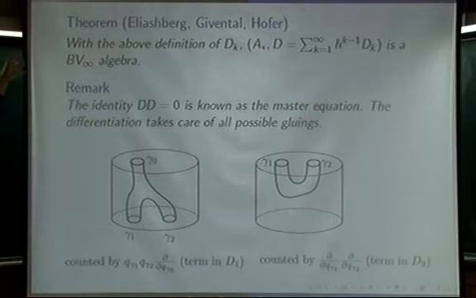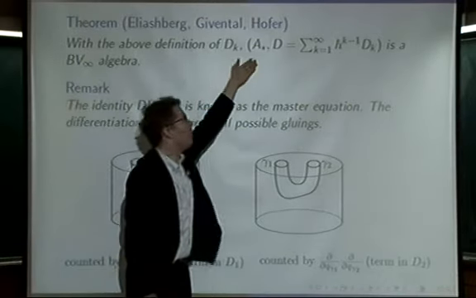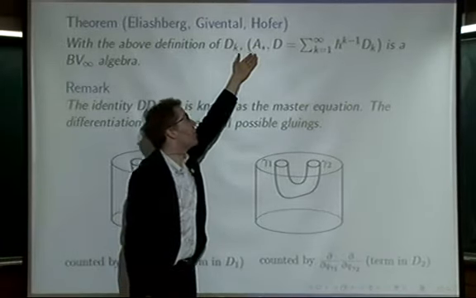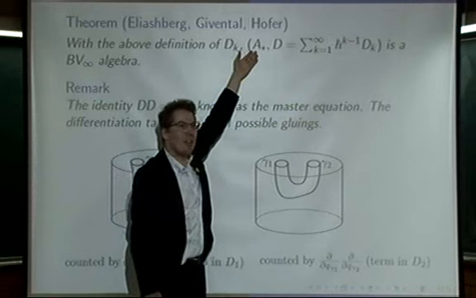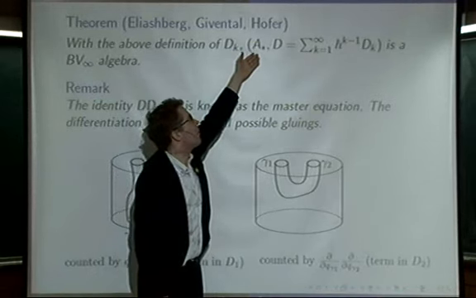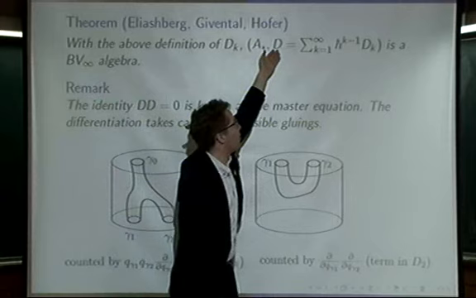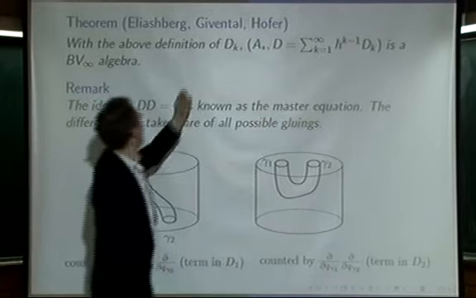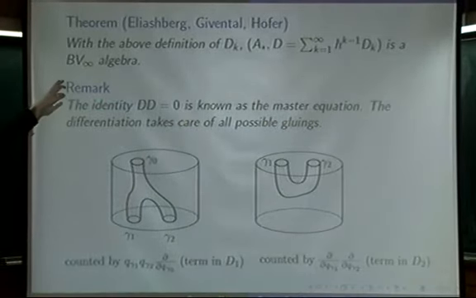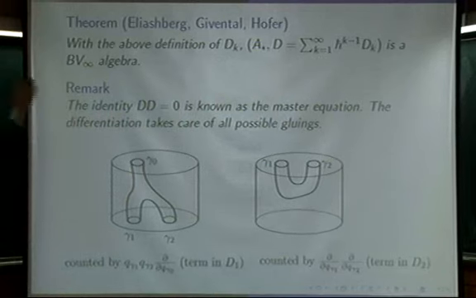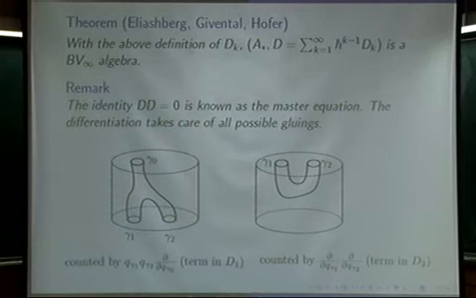If I define dk as above, then the previous graded commutative algebra, now with this new differential, is a BV infinity algebra. So it has these features as before, d squared is 0 in particular, and this equation is known as the master equation.